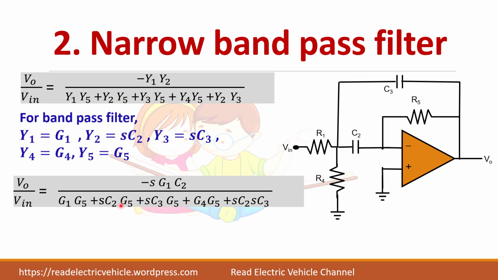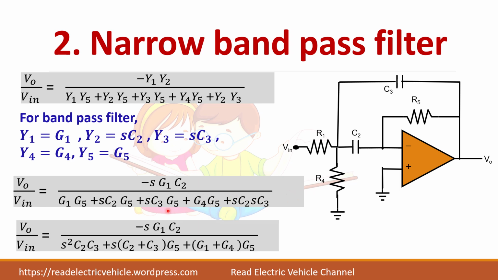Like that you have to substitute for everything, and let us simplify this. Here you have the S square term, so take that S square first. Then bring all the S terms together. These two have S terms, so bring them together. And these two are constants. So we are bringing this to the standard quadratic equation form.